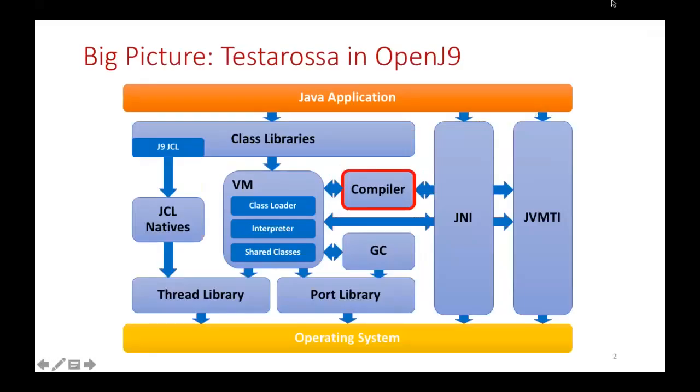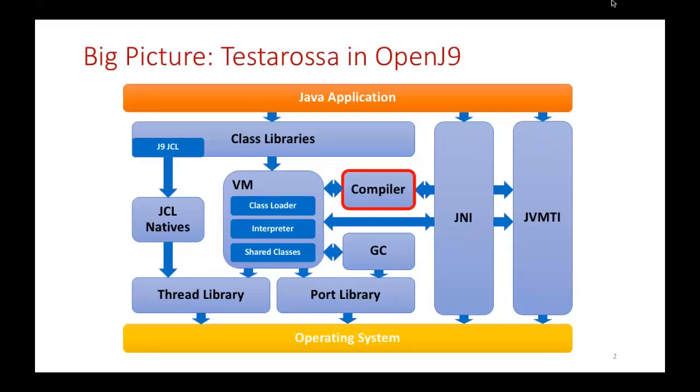Okay, so just to start off with a very big picture of the compiler technology as it sits in a much bigger context. The bigger context in this particular diagram is OpenJ9. As you can see, the compiler technology itself is just one part of this much bigger picture.